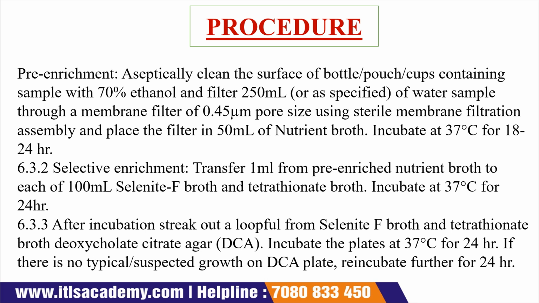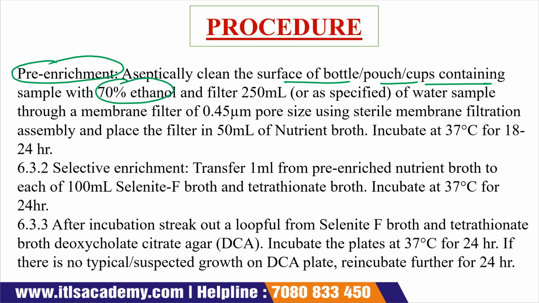Next is your procedure. Okay, so the first thing that we do is pre-enrichment. In pre-enrichment, we clean the surfaces of the bottle, pouches, cup in which the sample is present with the help of 70% ethanol.